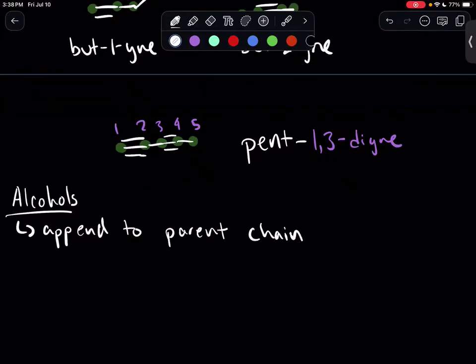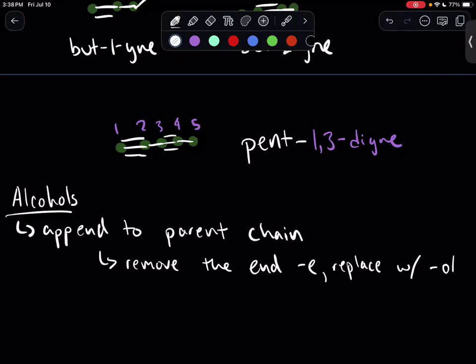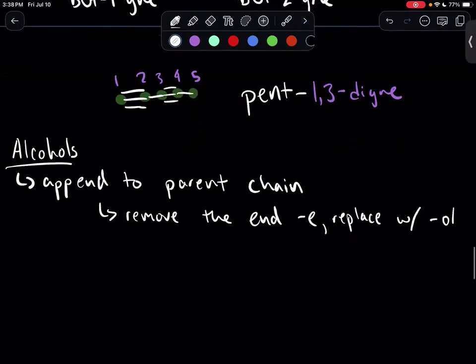The difference is we remove the end E and replace it with "-ol". So simply, if we have carbon, carbon, this would be ethane.